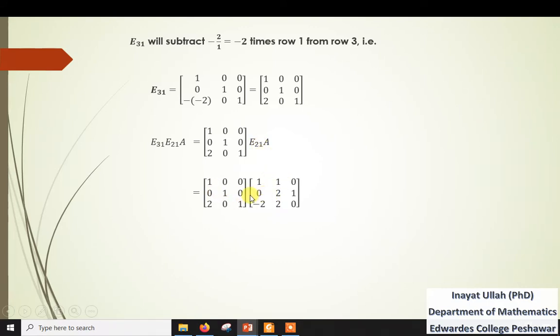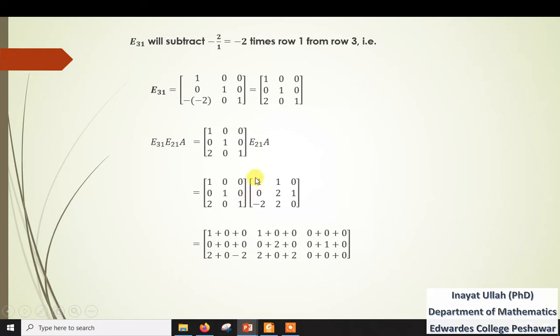Multiplying these two matrices, rows into columns: first row, second column, second element, first row, third column, third element of row 1.